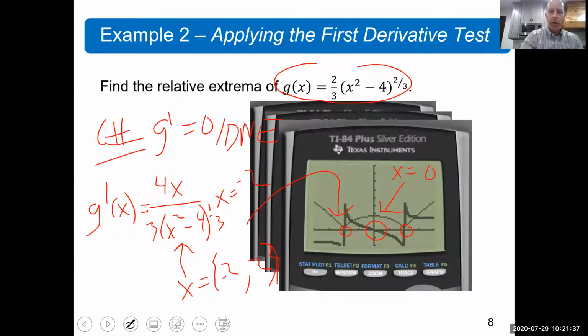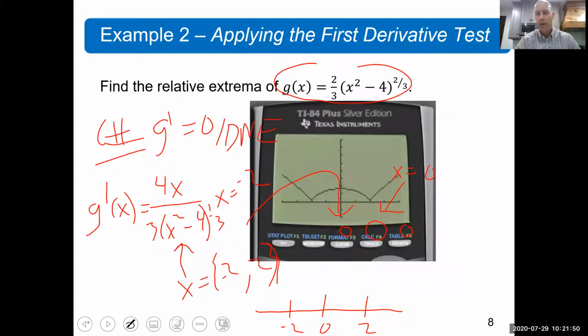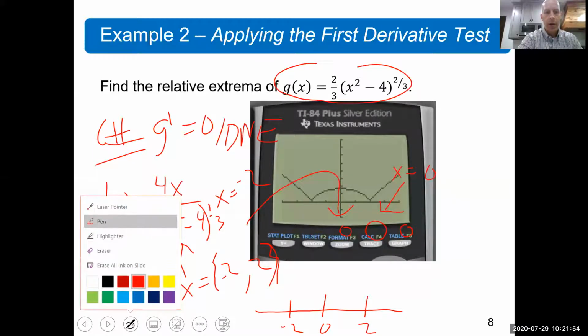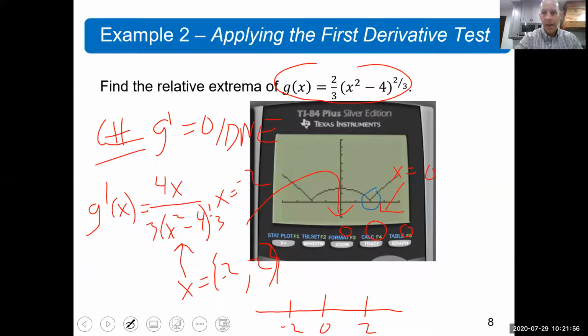But you do your sign chart again. In fact, let me just do one part of this. We had critical numbers at -2, 0, and 2. Let's look at 2. And again, I'm going to go back to when there was just the original graph. I mean, everyone I think can clearly see, I hope, that that's going to be a minimum, right? Well, it turns out that the first derivative here, this is g prime, is negative.